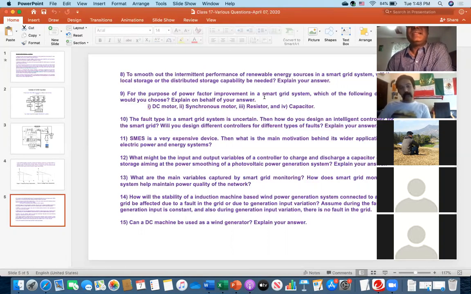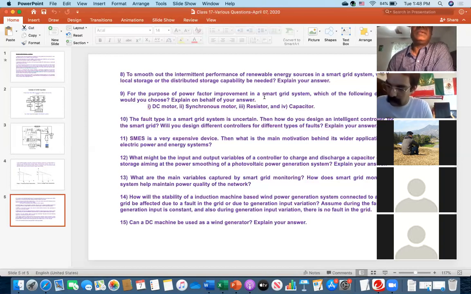And then you know that option 3, the resistor, can only consume power. It does not have any ability to control reactive power. A resistor is happy with power consumption only. You can say it can control the active power a little bit, but it cannot control the power factor or the reactive power.